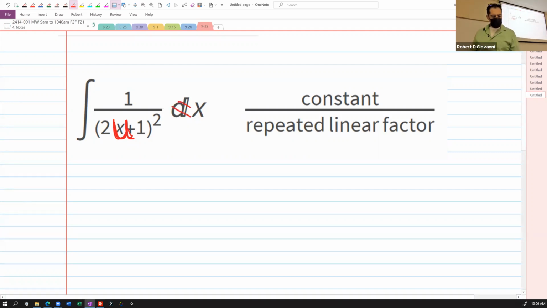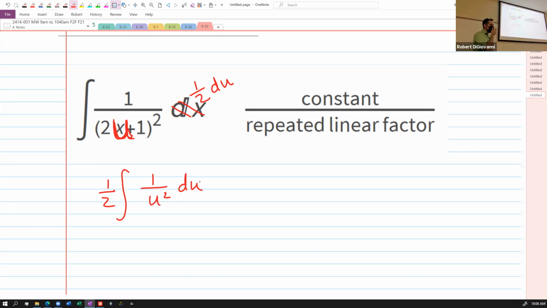This dx is really going to become a half du, because of having to kill off that 2 in front of the x. So this integral really looks like this. It's really what it would look like if I made a u substitution, the 1/2 killing off the 2. Are there questions?